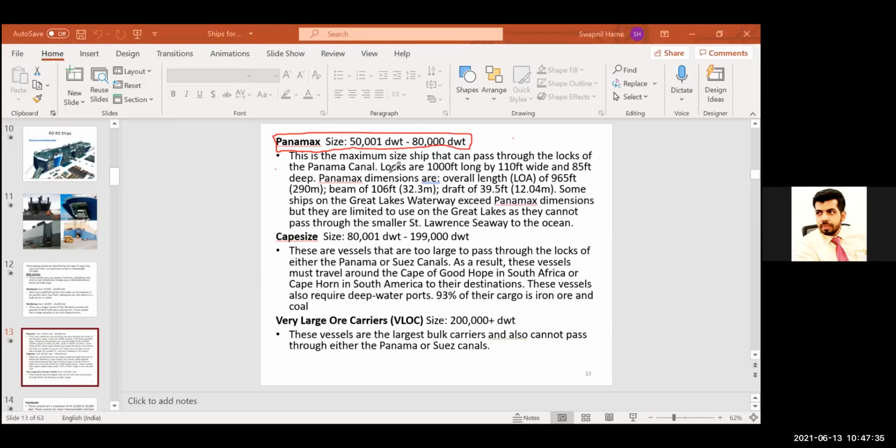Okay, now why do we call it a Panamax? Remember the simple thing, you don't have to remember what has to be the beam of a vessel or what should be the draft of a vessel. This is for your extra knowledge. In simple words, it is a ship which goes through the Panama Canal.